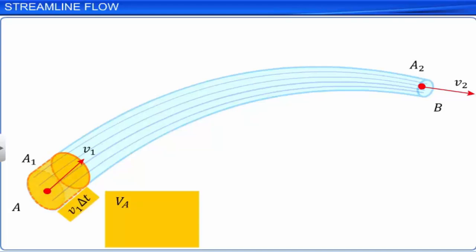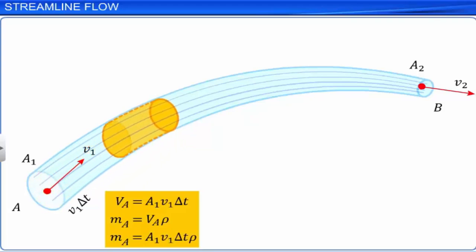The volume of the fluid going into the tube through the cross-section at A is A1 V1 delta t. If ρ is the density of the fluid, the mass of the fluid, Ma, entering the tube at A in time delta t is A1 V1 delta t ρ.